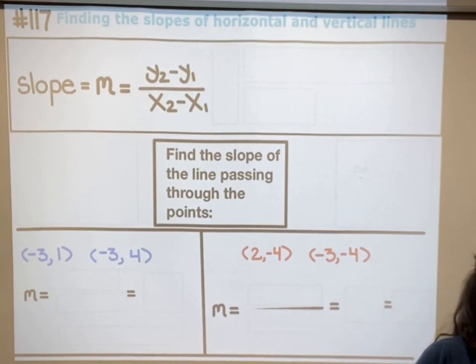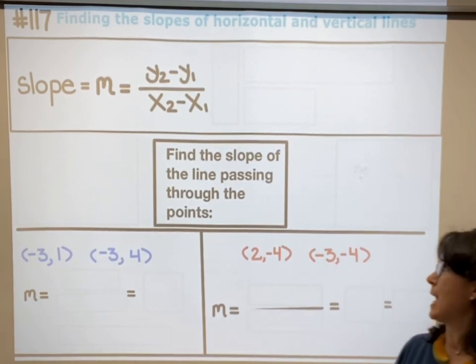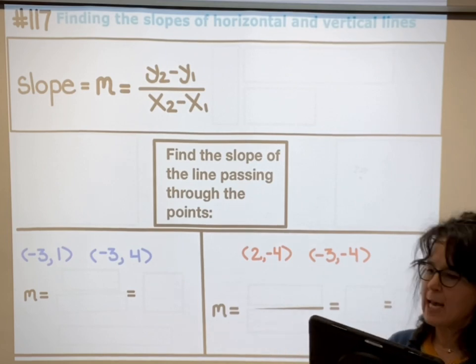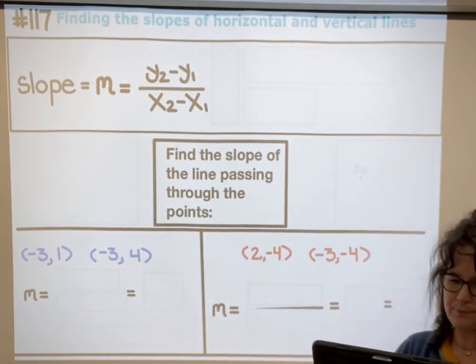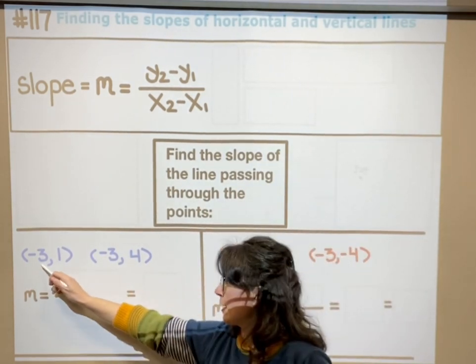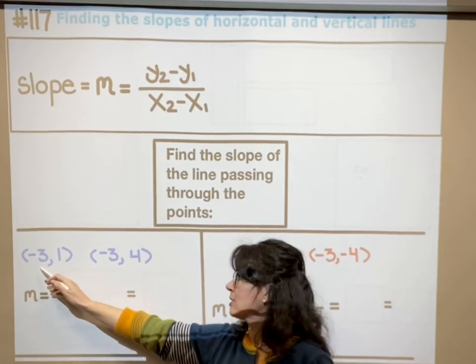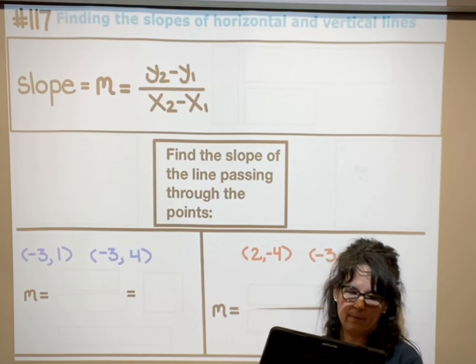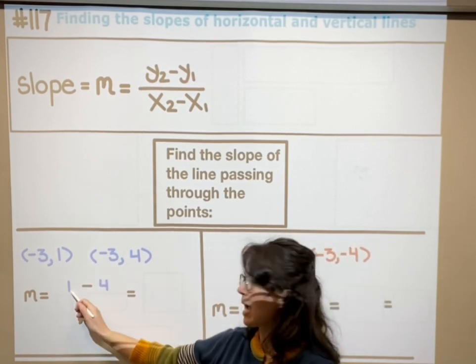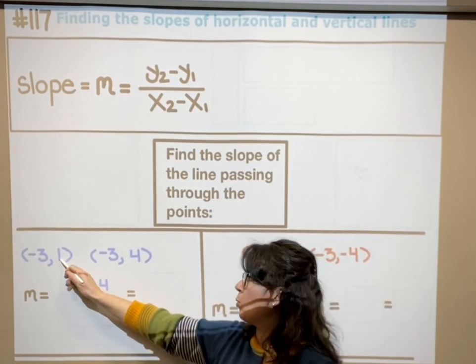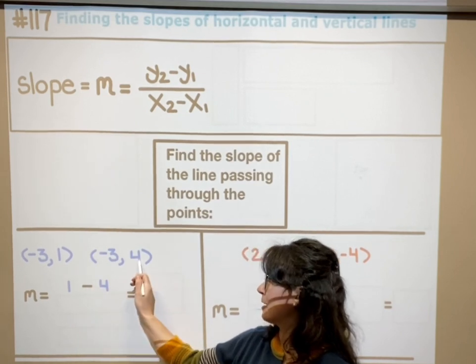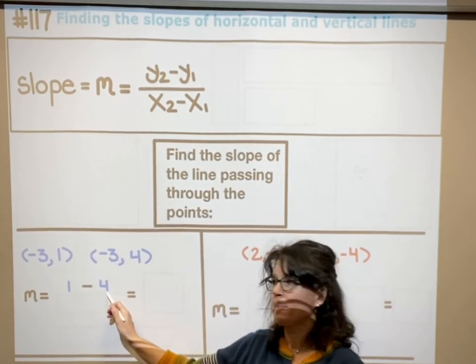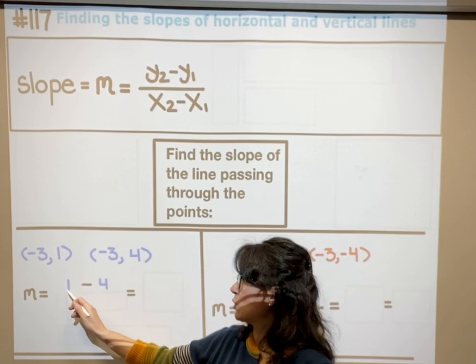I am going to show you a little shortcut on these ones at the end, but let's go ahead and start off with, if I use the formula and my coordinates are -3, 1, and -3, 4, if I subtract the y's, that's going to be 1 minus 4. Then I'm going to subtract the x's.